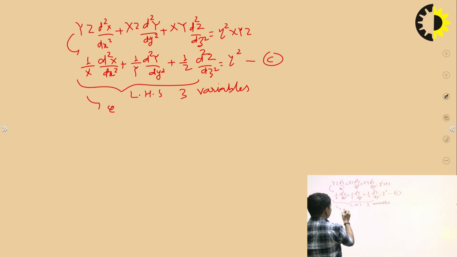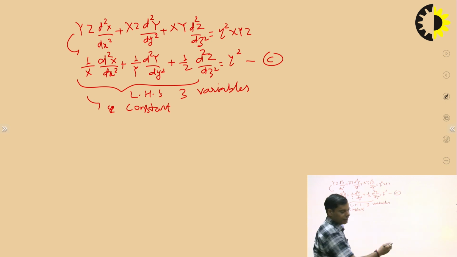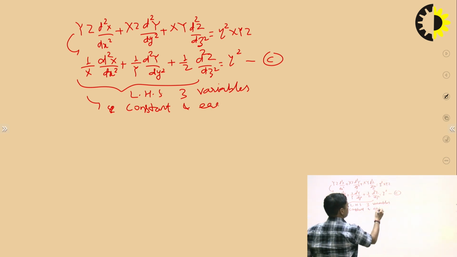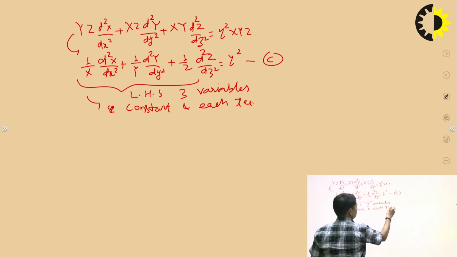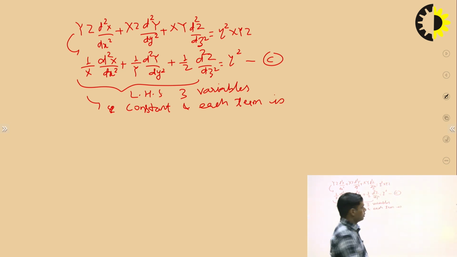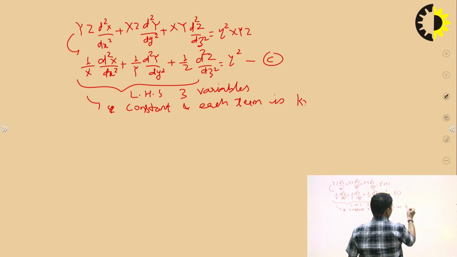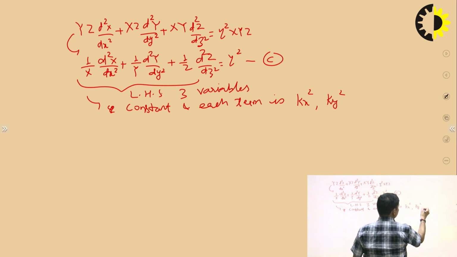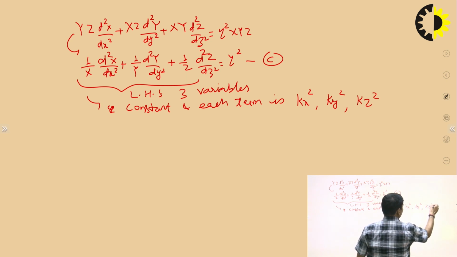Each term is a constant, and we can now name them k x square, k y square and k z square.